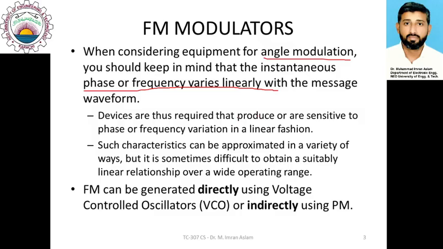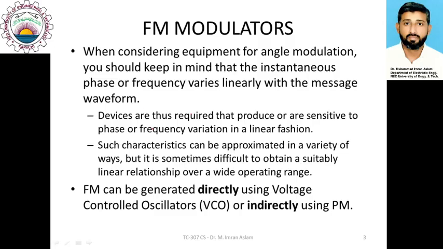However, such devices are practically harder to obtain, but we can obtain this relationship for a suitable band of operation, a suitable range of frequencies. So it may not be possible to have a linear relationship over a wide operating range. However, for practical purposes, we can generate reasonably good waveforms relating to FM and PM signals.